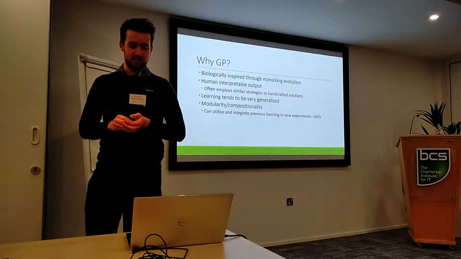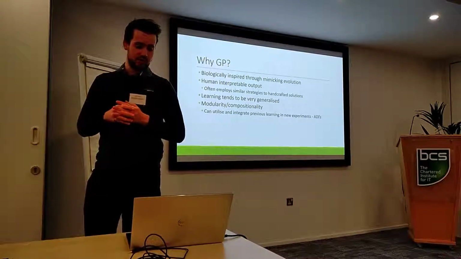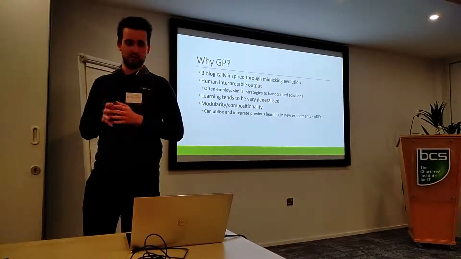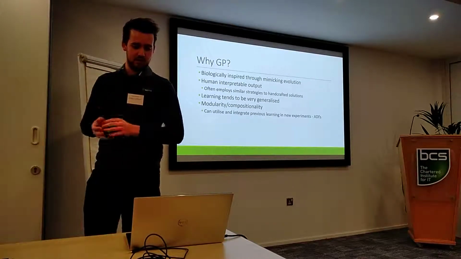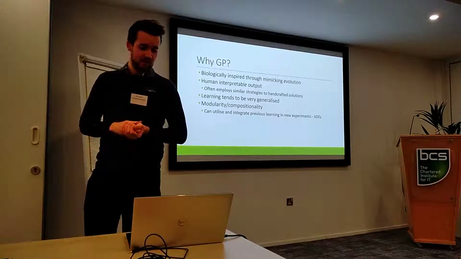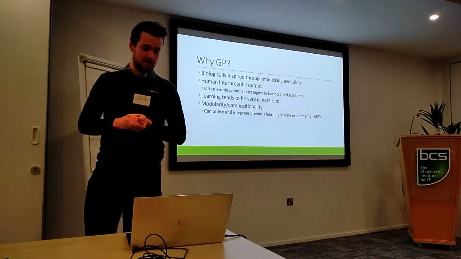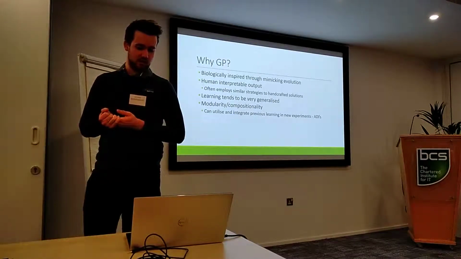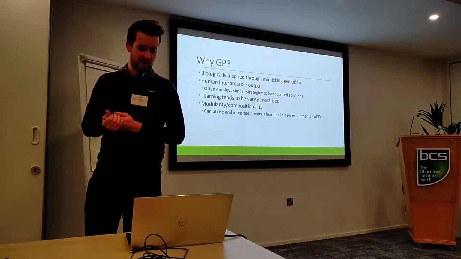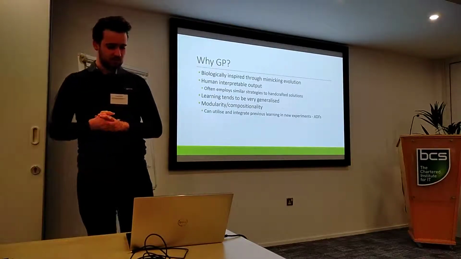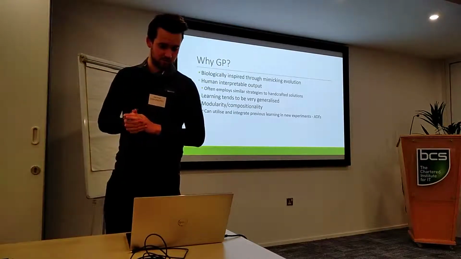So if you needed to find a red cube in the scene, you would perhaps search for red pixels, find contours that define those red pixels, and then that would be your solution. You code that manually. GP tends to produce similar sort of solutions to that, but often to much more complicated problems.